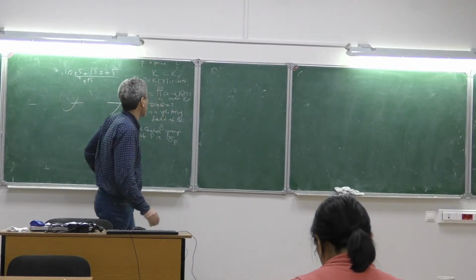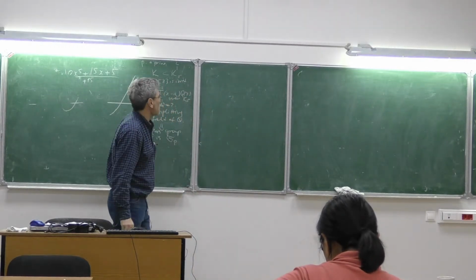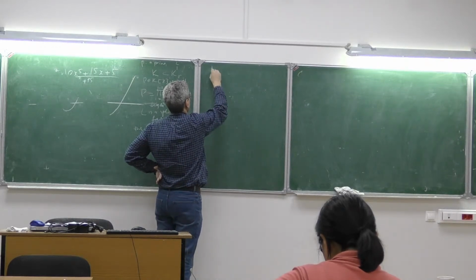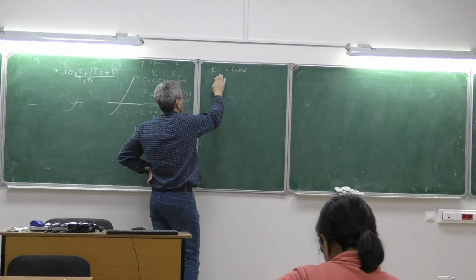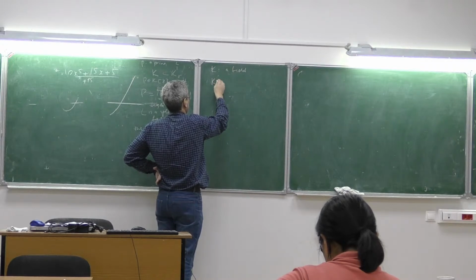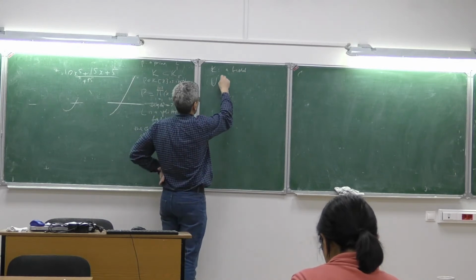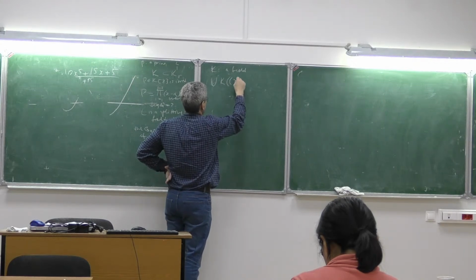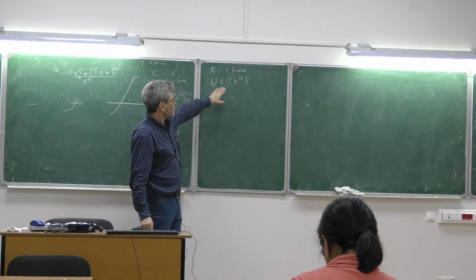So first of all, let me recall to you that if we have a field K, we consider, you can think of this as a colimit or some union of formal Laurent series in fractional powers of x.